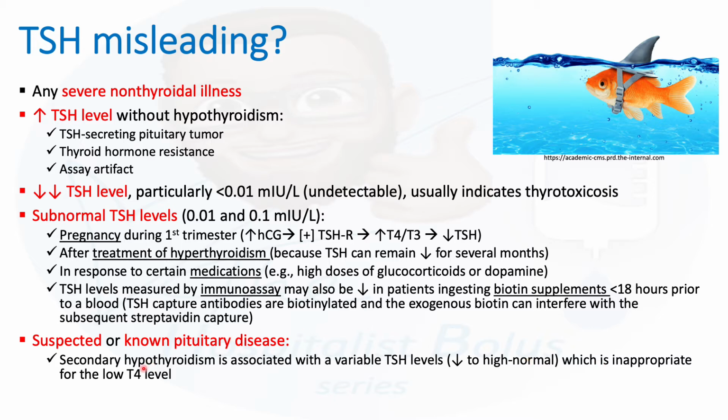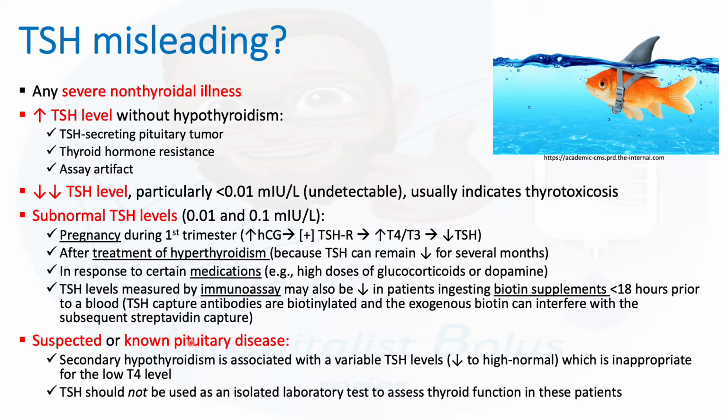If the T4 is low, then I expect the TSH to be on the higher side. If it's normal, this is inappropriately normal. So in pituitary disease, again, TSH can be misleading. You really shouldn't use TSH in these situations as an isolated lab test to check the thyroid function and to monitor the progression of the disease.